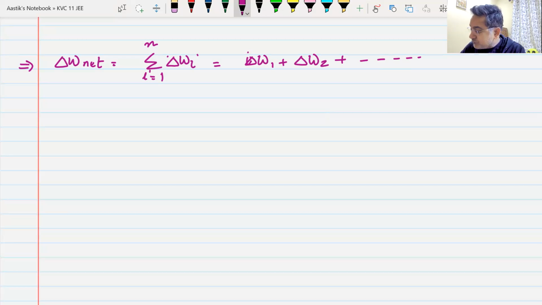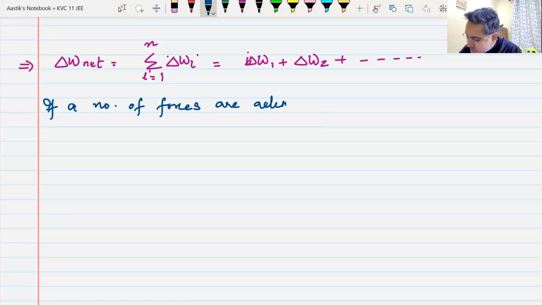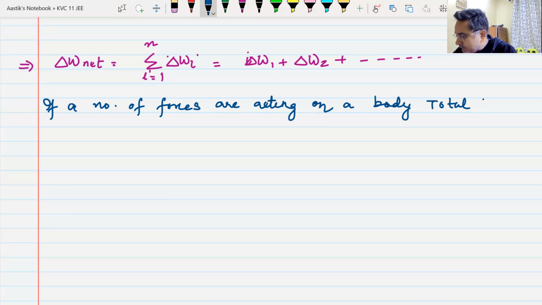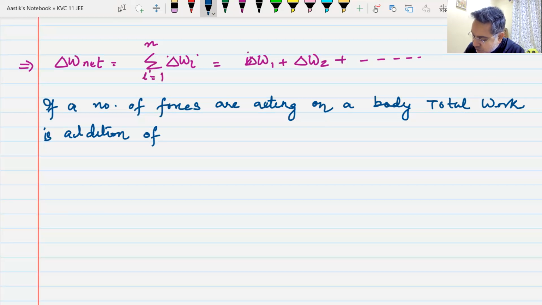If a number of forces are acting on a body, total work or net work is the addition of individual work.